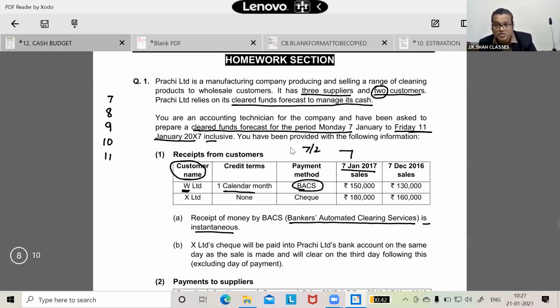Okay. You do the sale on 7th December, this money will come to you on 7th Jan. This money will come to you on what date? 7th Jan. Why? Because this is instantaneous. Right? So see, when I'm talking about 7th Jan, in my receipts I should see the receipts of W, but which one? The one which I sold in December. Did you understand this? Hello? Did you understand this? Yeah?